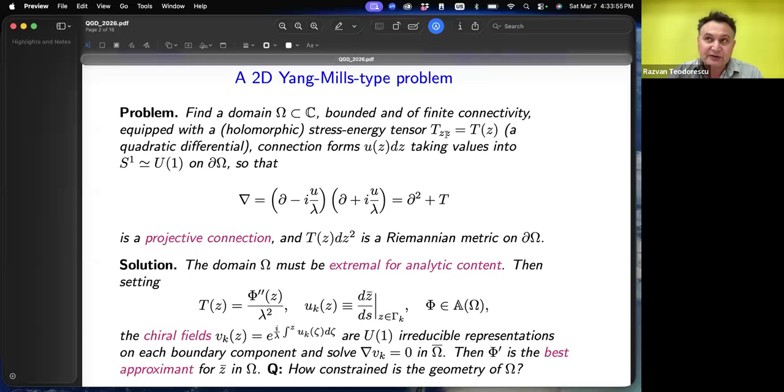This quadratic differential has to be well defined on the domain, and by extension on the Riemann surface for which this domain is a uniformization domain, along with connection forms, so differentials in the canonical sense, that on the boundary components provide representations for the Lie group U1.